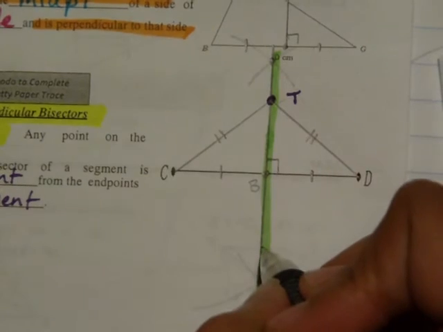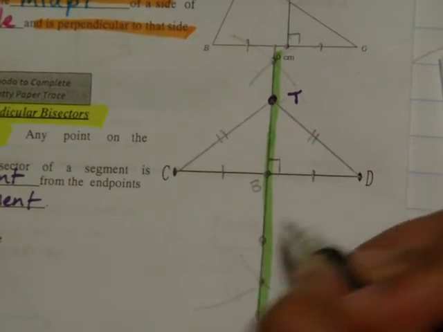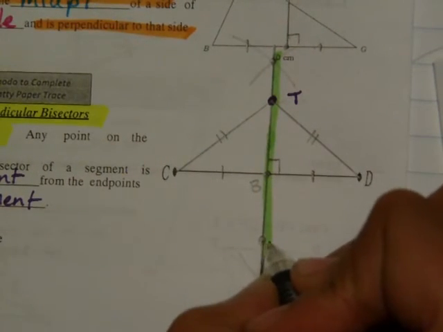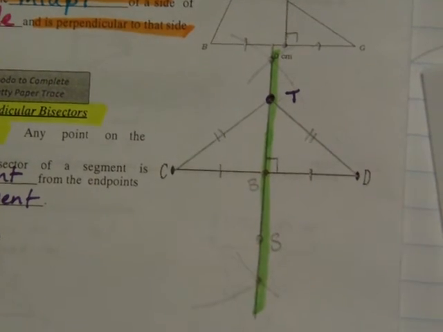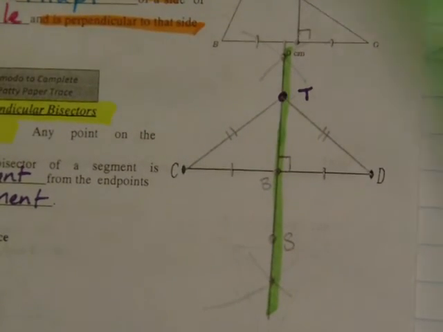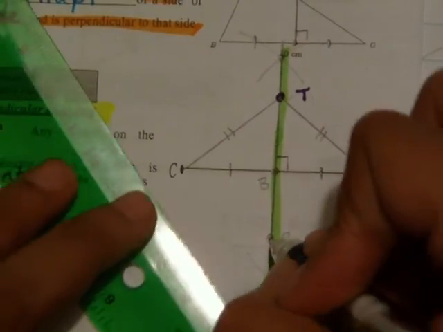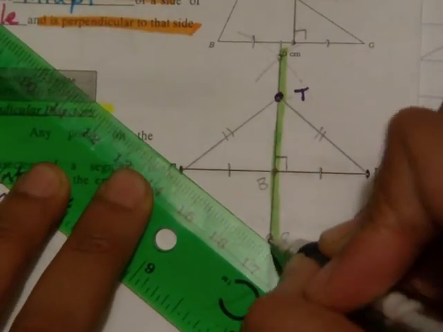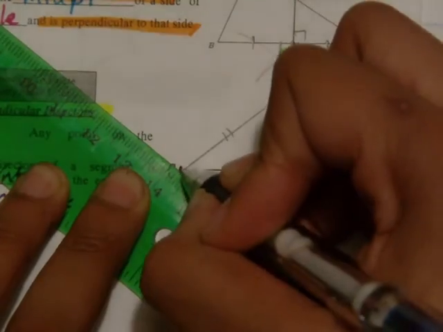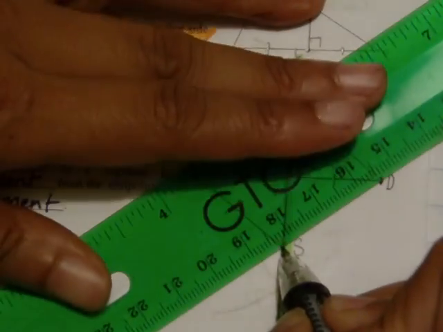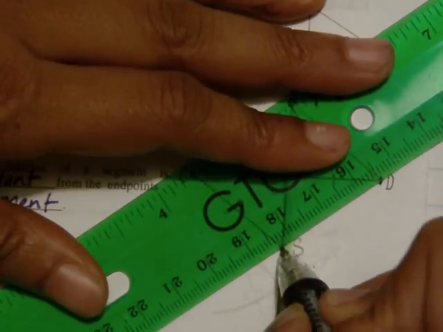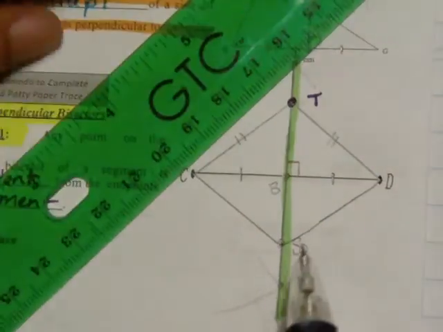So let's pick a point below. We have a point here, let's make it S. Again, we're going to create the segment, the distance from this point to the endpoint C, and then we're going to do it also to D. I can use my patty paper to trace it and verify.